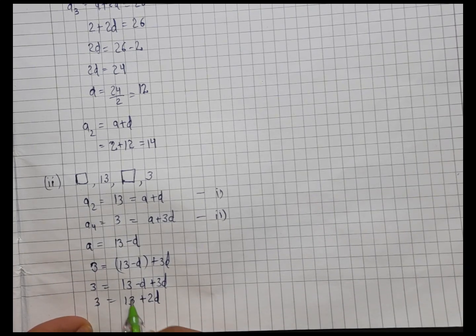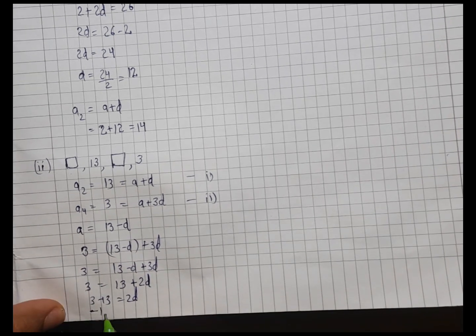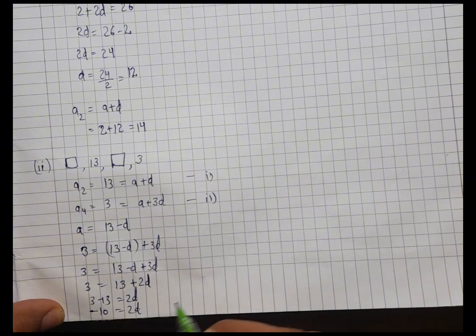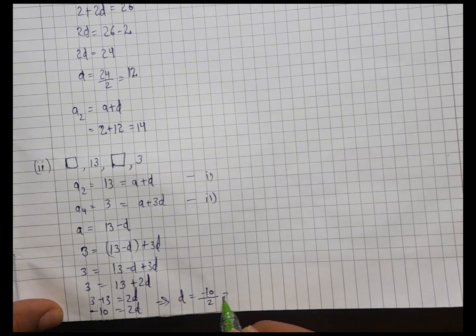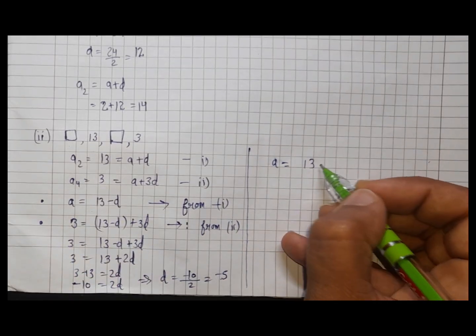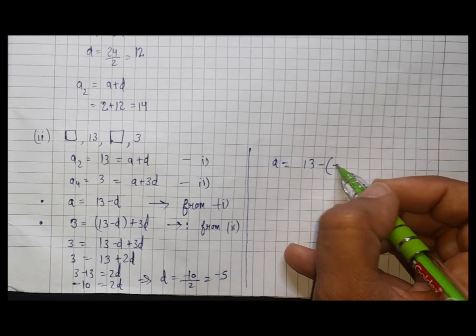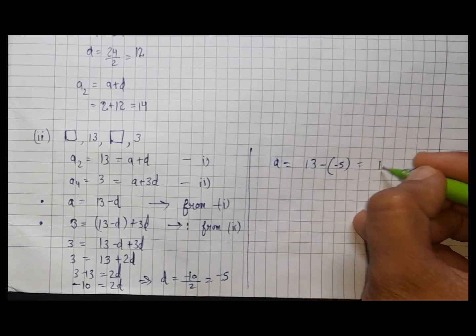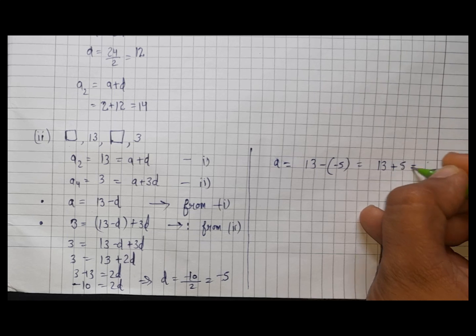After taking 13 to the left hand side, we will get 3 minus 13 equals minus 10. So from here we get that D equals minus 10 upon 2, that is minus 5. Now substitute this value of D in this equation, so we will have A equals 13 minus D, with D equal to minus 5, that is 13 plus 5 equals 18.